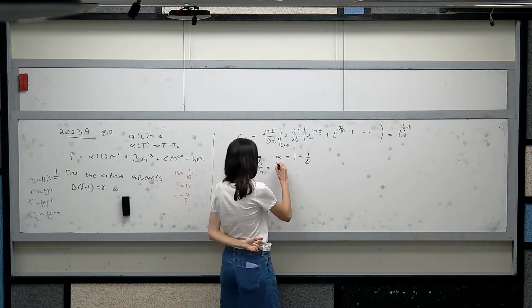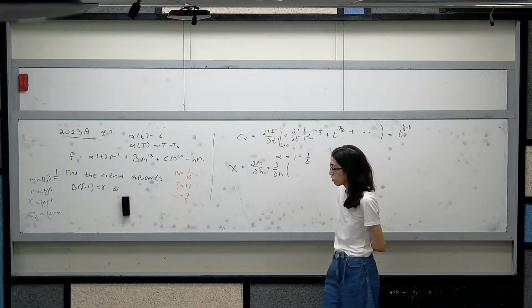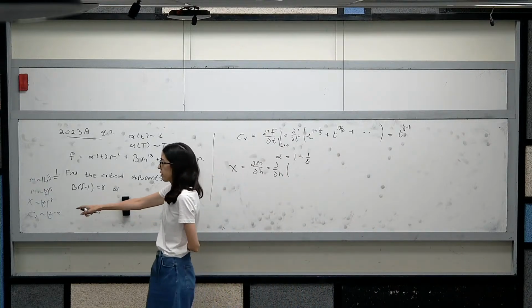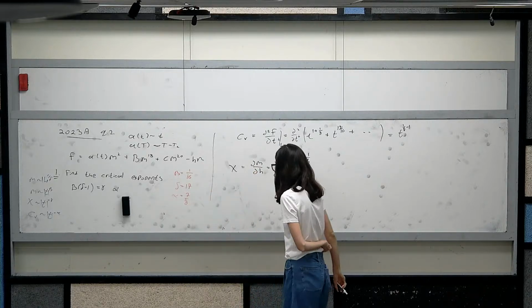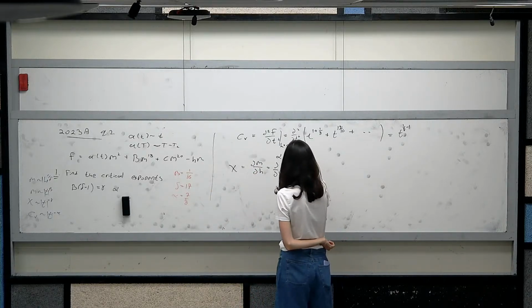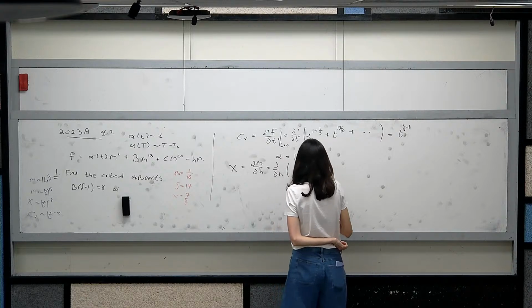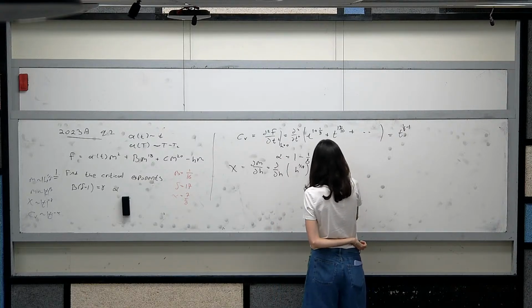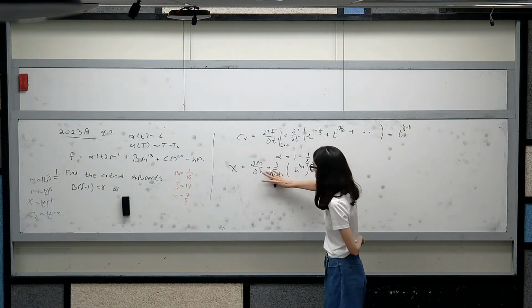So the derivative over H of the magnetization: we know that M goes like H to 1 over 17. So this is H to 1 over 17 minus 1. That's proportional.